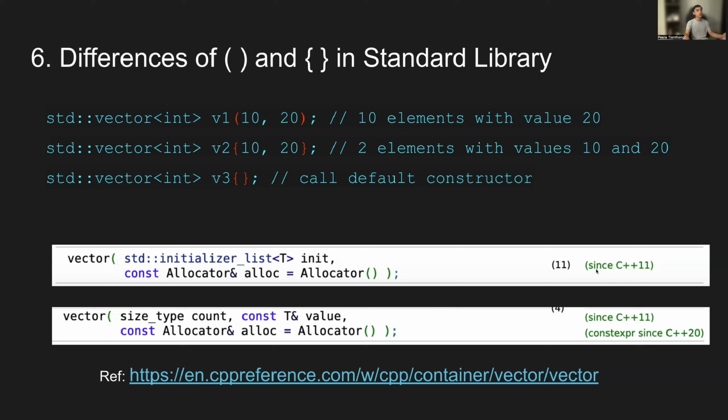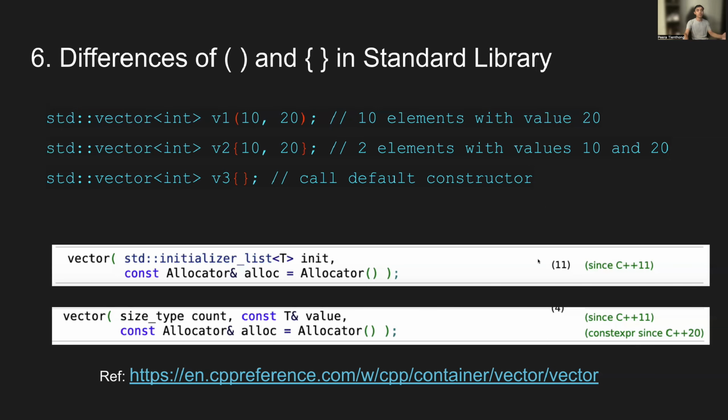The first one is, since C++11, you have the initializer list here. With the initializer list, it's going to fall into the v2 case. And the last one, we have the different constructor. Using the parentheses, the first argument is the count, the number of elements, and the second is the value of each element. By reading the documentation, you know the difference.